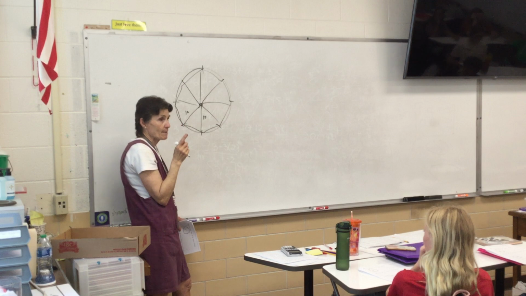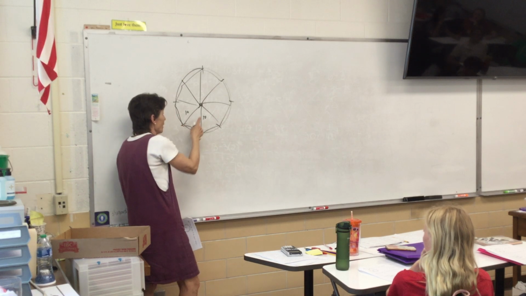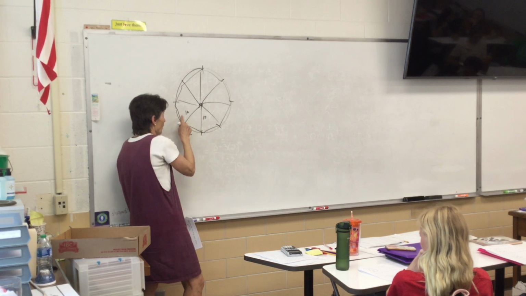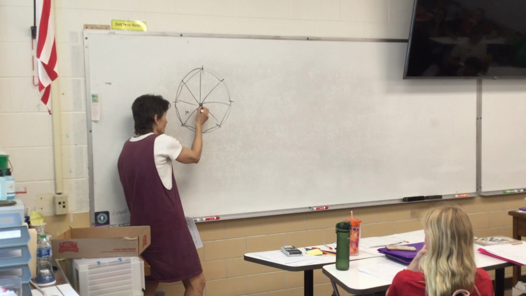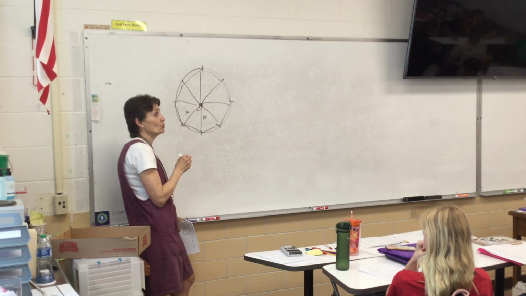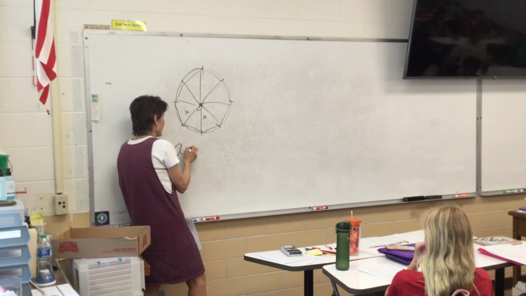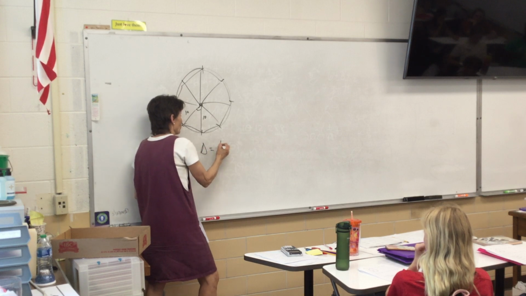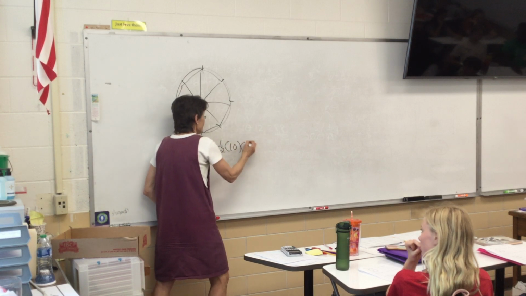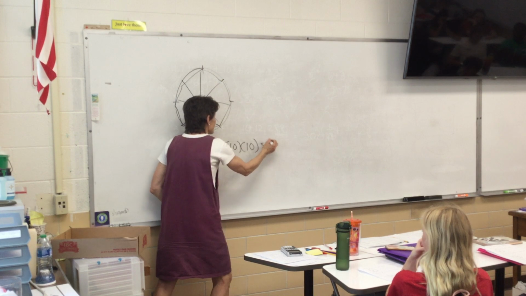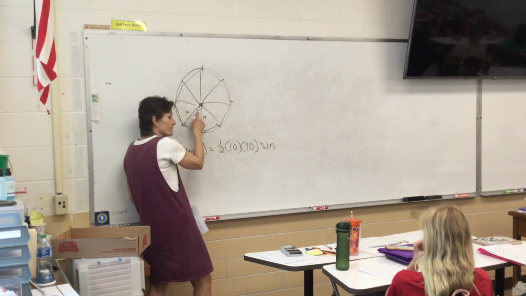And they're all the same. So I'm going to find the area of one of them. Now, if I knew this angle right here, life would be good. Because the area of a triangle is 1/2 side times side times sine of included angle.